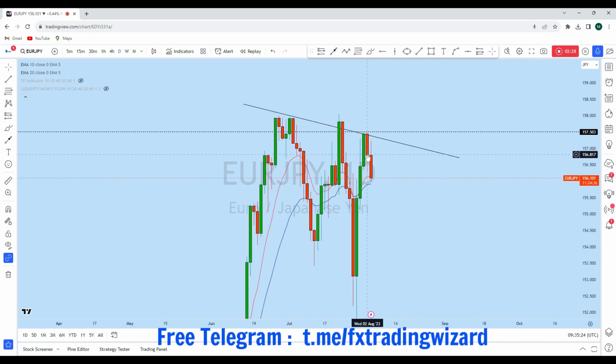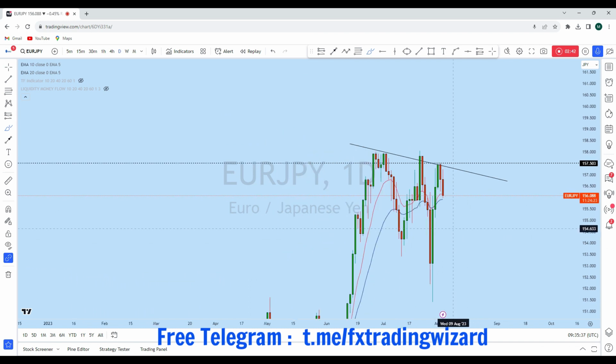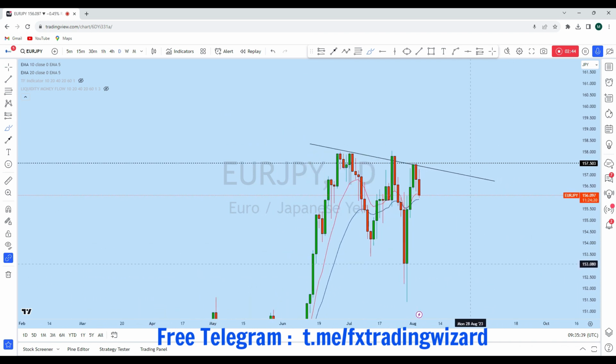After the previous day's candle, which has a healthy body and also a long wick at the bottom, we could see EURJPY coming down, filling that wick, and highly likely coming down to create a new lower low.